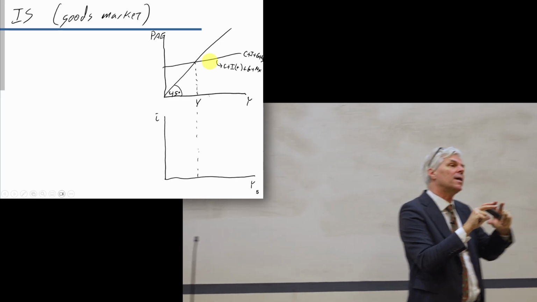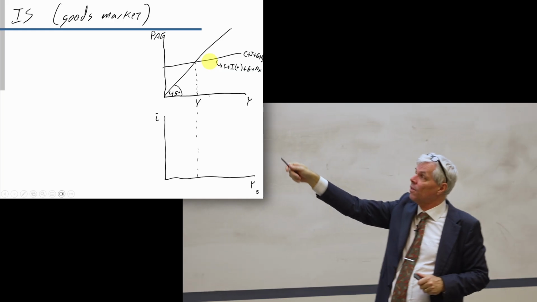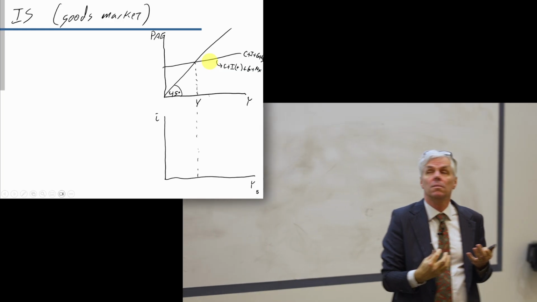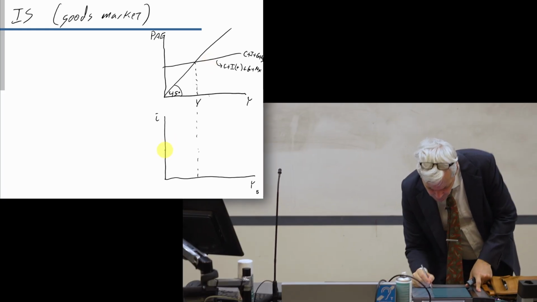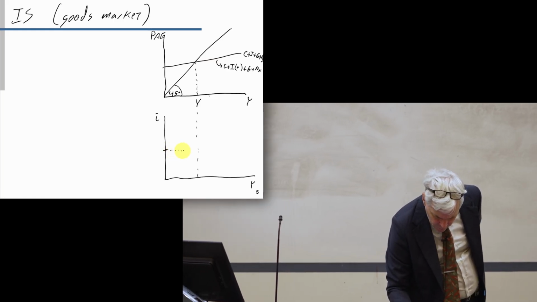We kept interest rate constant throughout that exercise, and that gave us this level of Y. So that must be for a particular level of the interest rate. I don't know what level of the interest rate that was. Suppose it was for this level of interest rate. So we have a point there.